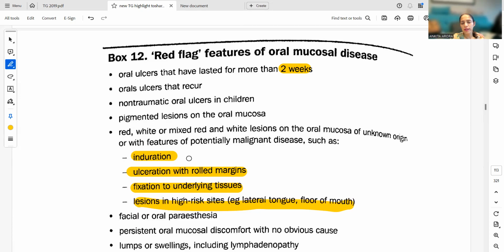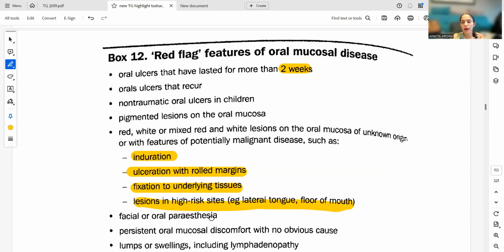So all these are signaling malignancy. Hardened ulcers, hardened area with rolled margins, fixation to the underlying tissues, and lesions at high-risk sites, which are lateral tongue and floor of the mouth.